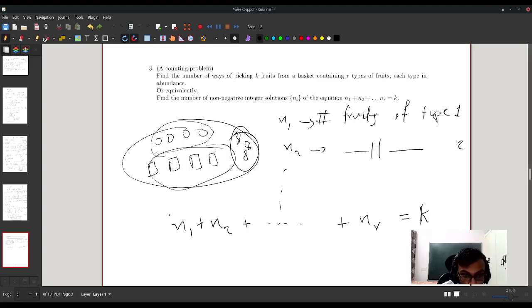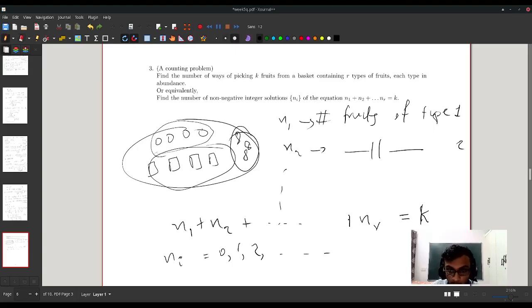So a particular fruit can be picked 0 times, or not picked at all. So each ni can go from 0, 1, and so on.